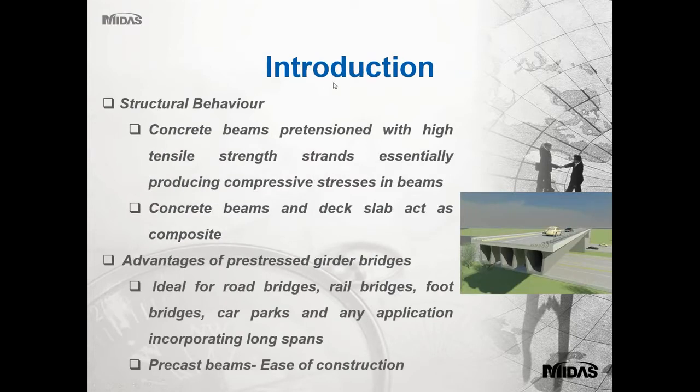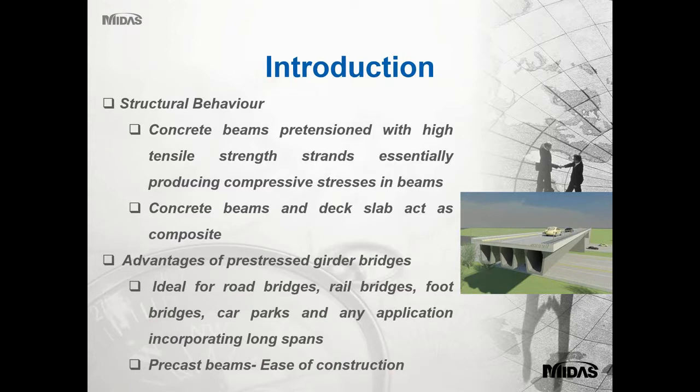Just a brief introduction on the concrete pre-stressed bridges. The structural behavior basically is the concrete beams are pre-tensioned with high tensile strength strands so as to produce only compressive stresses in the beams. And the deck slab and the concrete beam act as composite. So we'll be looking at construction stage analysis with composite action in the presentation.